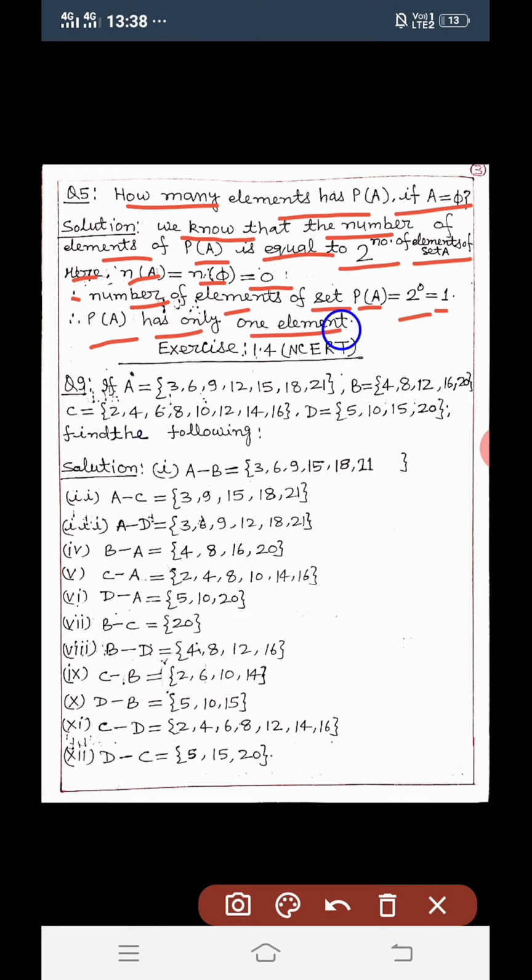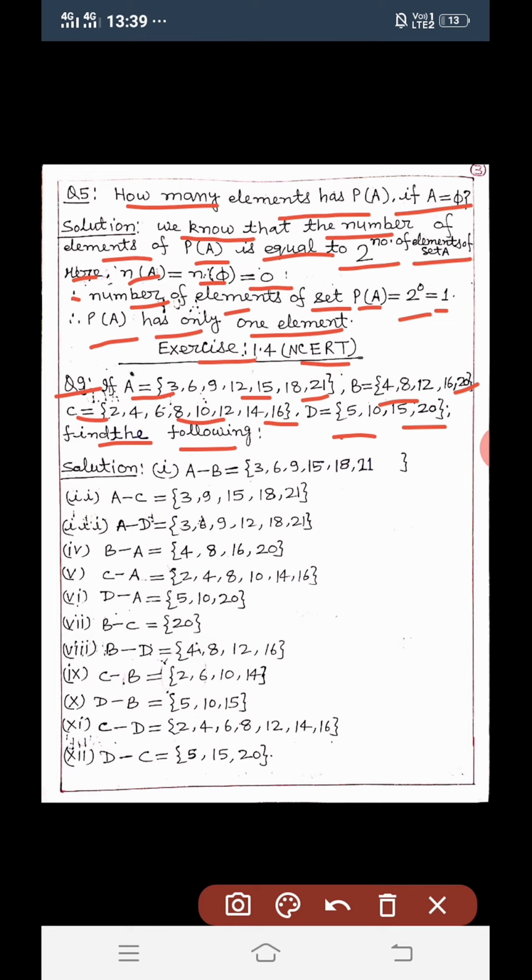Now we discuss the solution of questions of exercise 1.4 from NCERT. Question number 9. If set A equal to {3, 6, 9, 12, 15, 18, 21}, set B equal to {4, 8, 12, 16, 20}, set C equal to having elements 2, 4, 6, 8, 10, 12, 14 and 16, set D equal to having elements 5, 10, 15, 20, find the following.